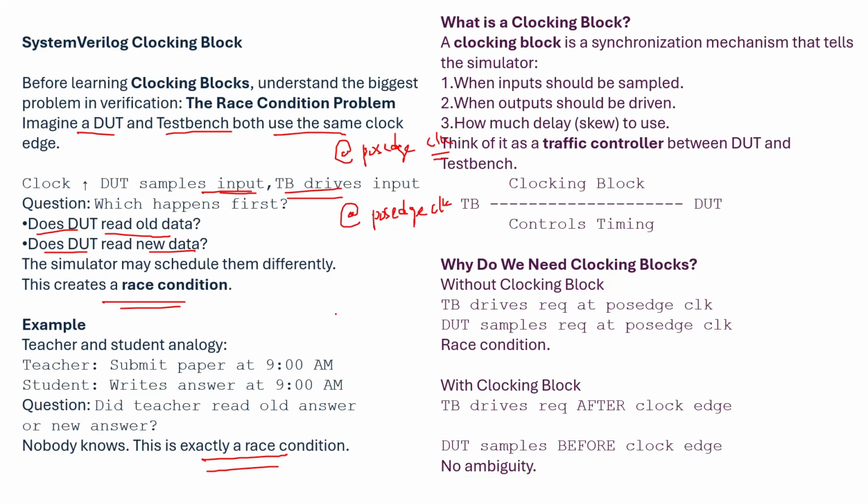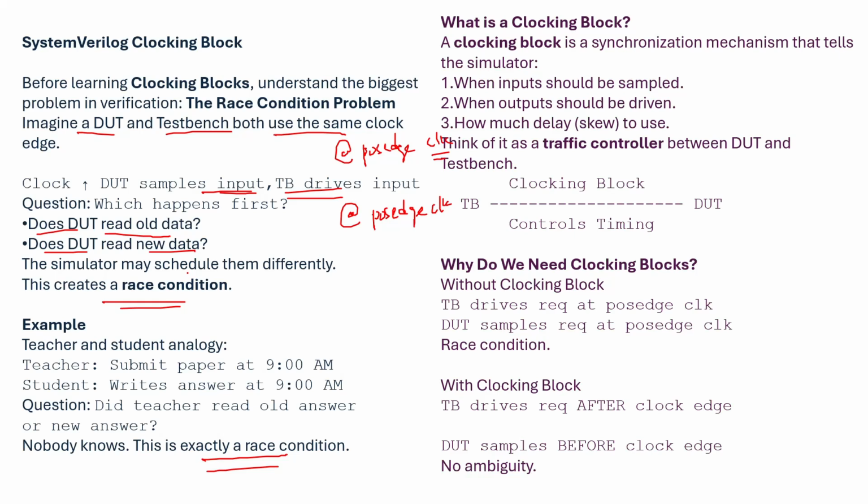A clocking block is a synchronization mechanism that tells the simulator when the inputs should be sampled and when the outputs should be driven. The skew defines some delay: input skew and output skew. So clocking blocks have skew, meaning how much delay we are giving.